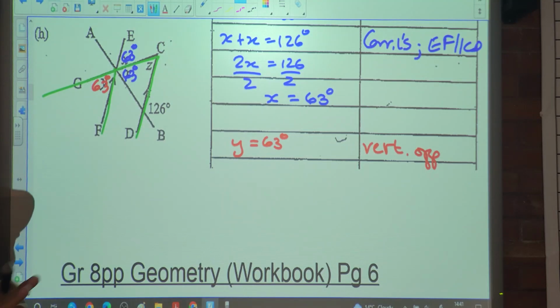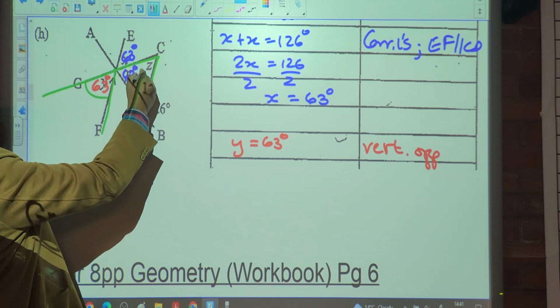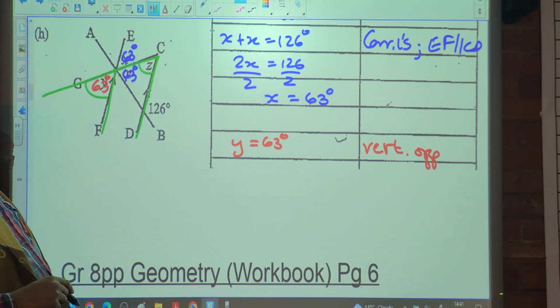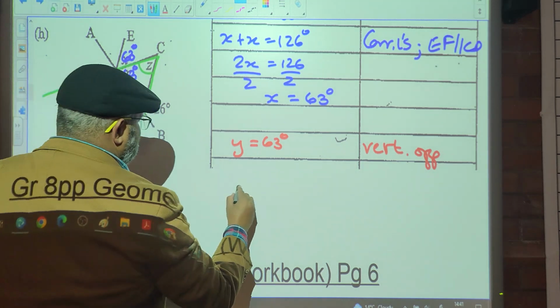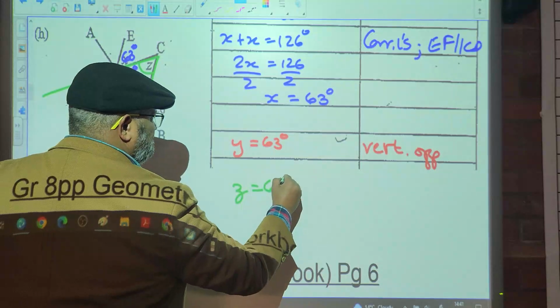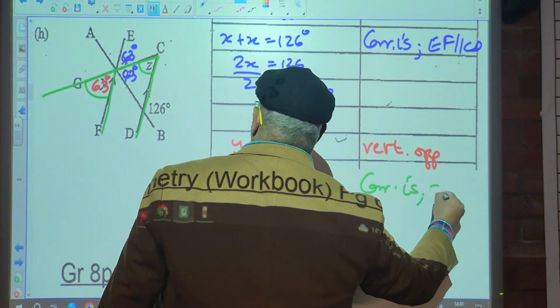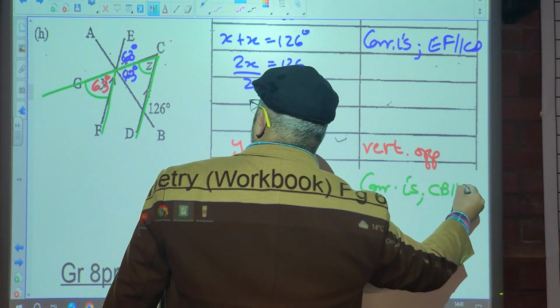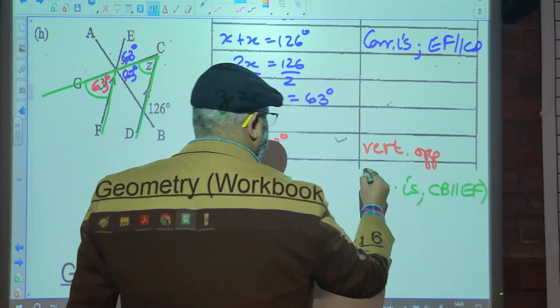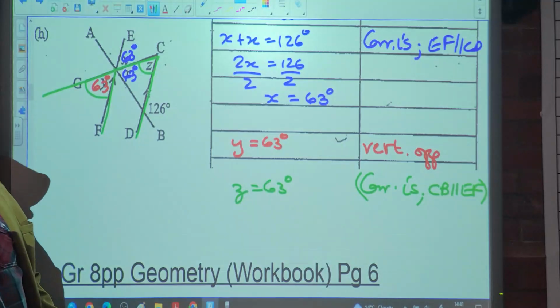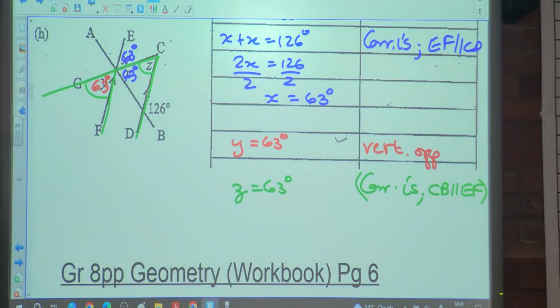I just want to show you that corresponding will also work in this case. So what do we say Z is equal to? 63 degrees. Why? Corresponding angles with CB being parallel to E. Alright? Any confusion? No?